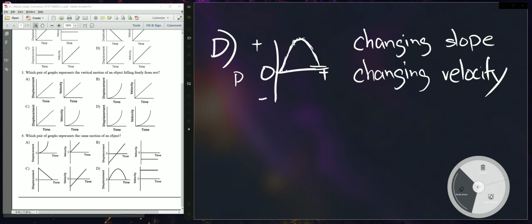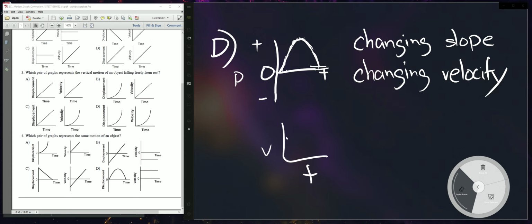So you have a positive velocity here and a negative velocity here. Well, the only thing that matters is that your velocity is changing. So if your velocity is changing on a VT graph, there's no way you're gonna have a straight line here.